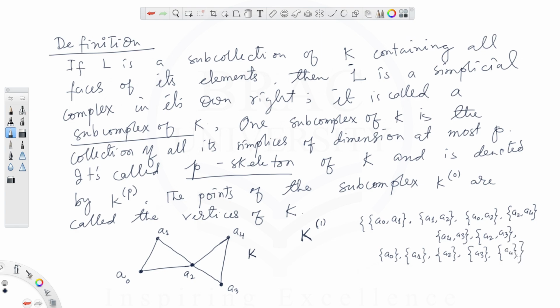This is a representation of the subcomplex K_1, or the one skeleton of this complex K. And the zero skeleton of this complex K is just a union of these 5 singleton sets.